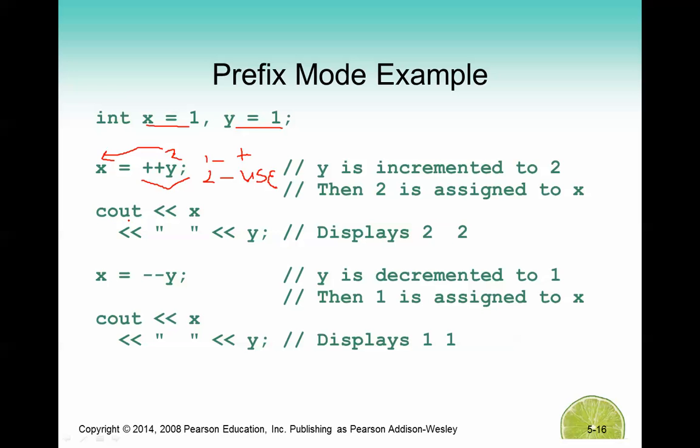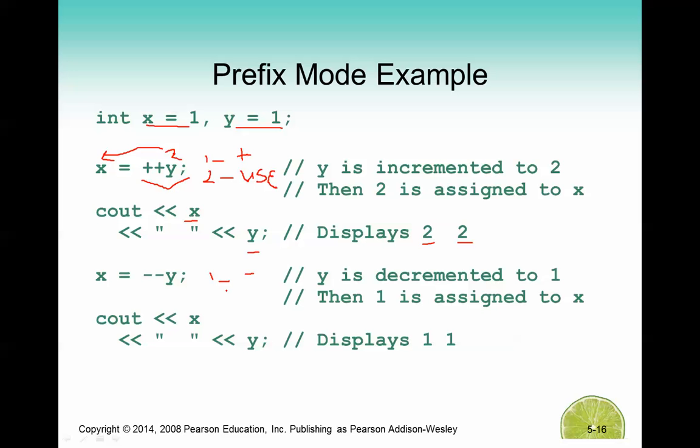Next statement, I'm going to display x and y. So I display a 2 and a 2. Okay, that's perfect. Next line, x is assigned the value of minus y. Remember that y has a 2, so I do first this subtraction, right?